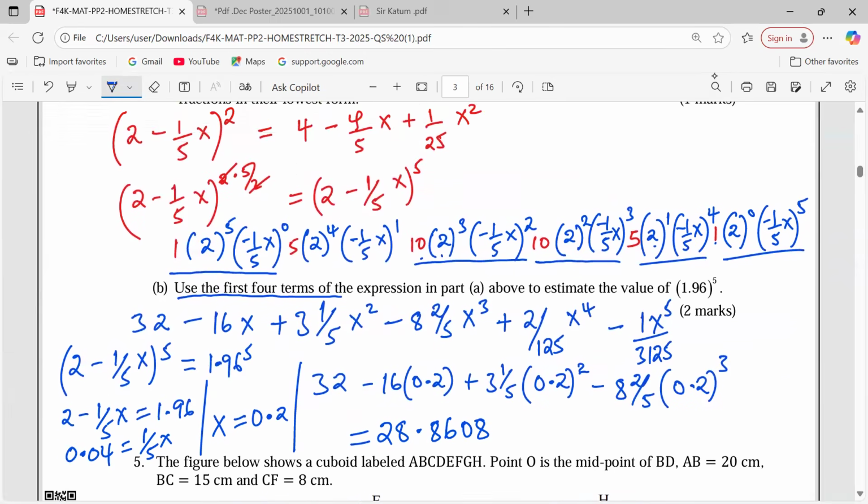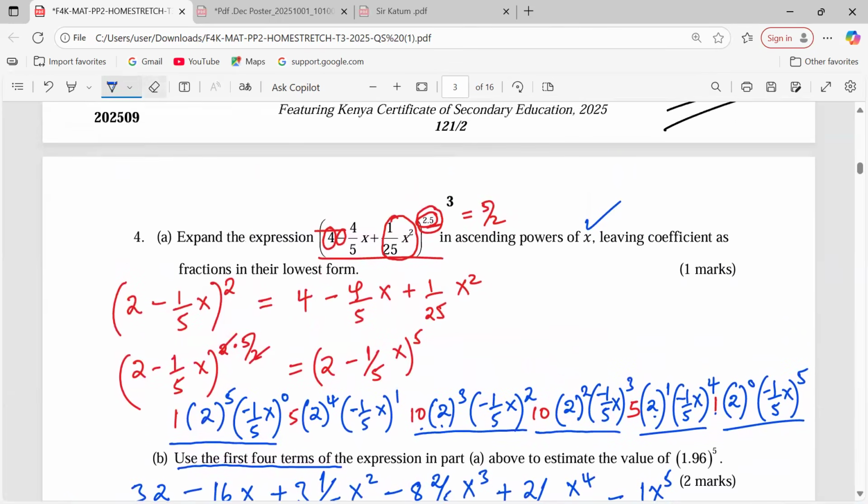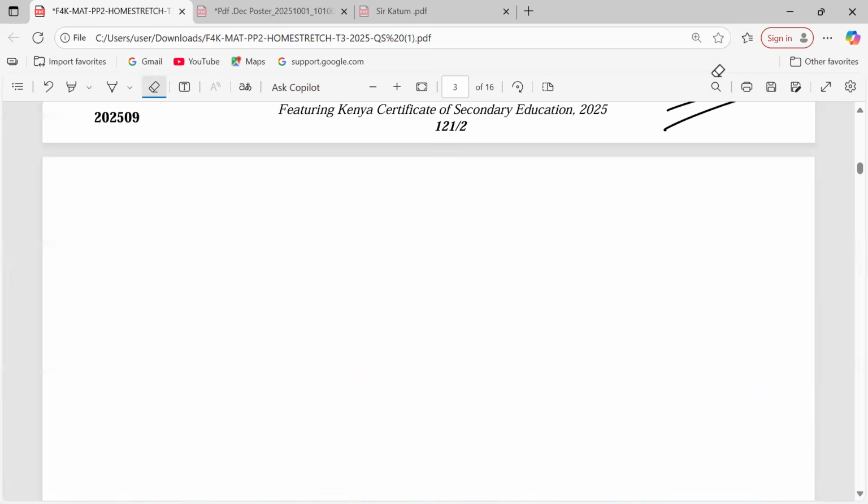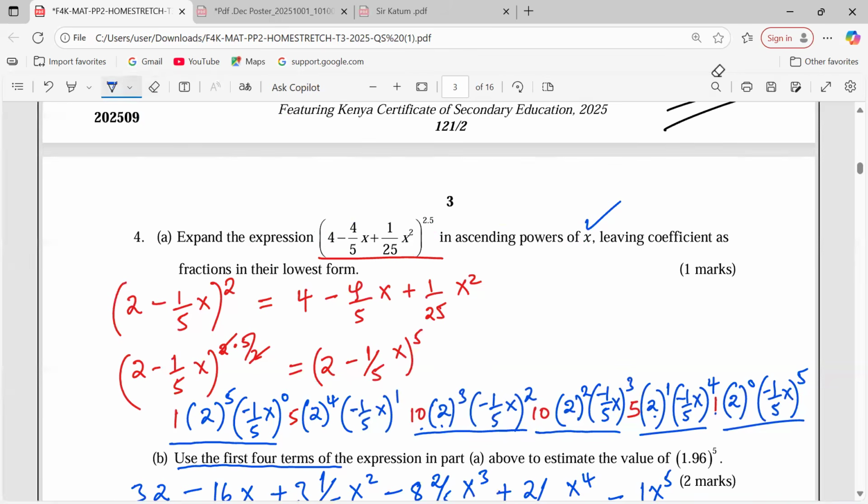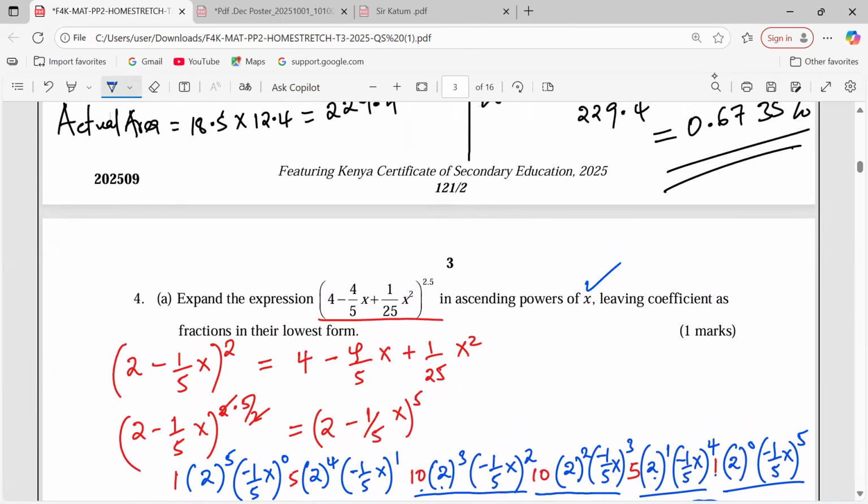The most technical bit was up here. This was the most technical bit of this particular question, whereby you are having the power being negative, but it's a relative of 5. Yet part B is also guiding us. It's raised to power 5. So you're supposed to expand until you say 4 minus 4 over 5x plus 1 over 25 x squared.